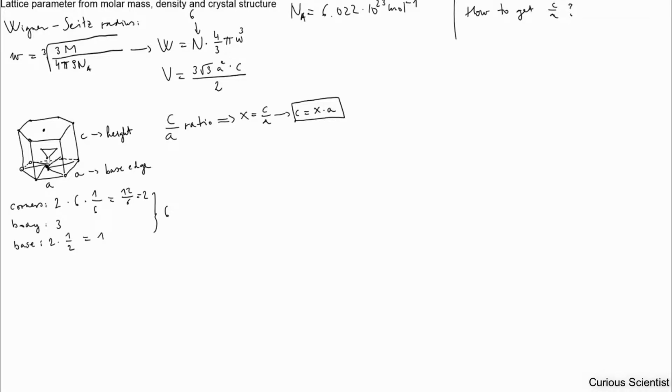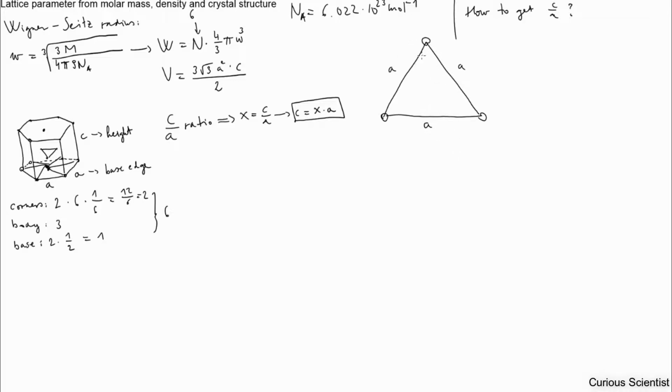It was not my best drawing, but you can see these triangles. So let me draw one of the triangles here. So basically we have the atoms outside on the edge, and then there is an atom inside here. This is the atom from the middle of the base. So all these edges are basically a long.